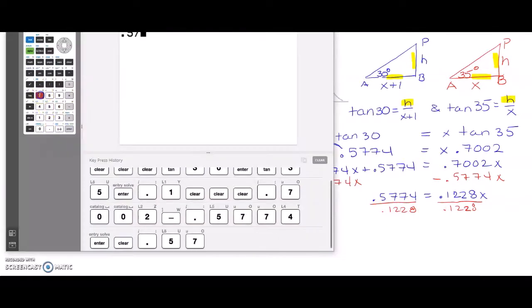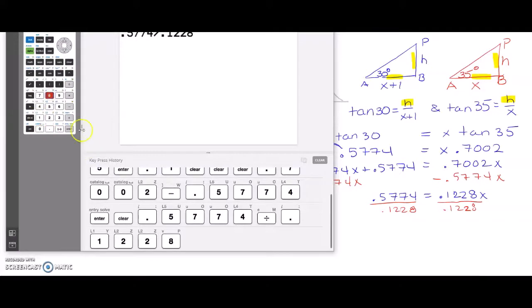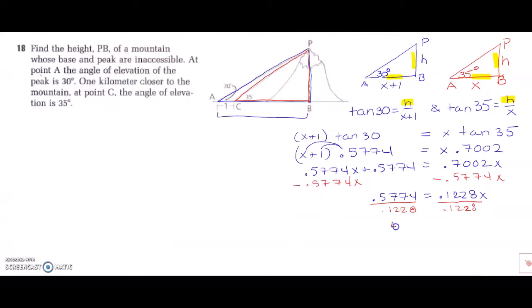So 0.5774 divided by 0.1228. So 4.702 is approximately x. But what was it asking?